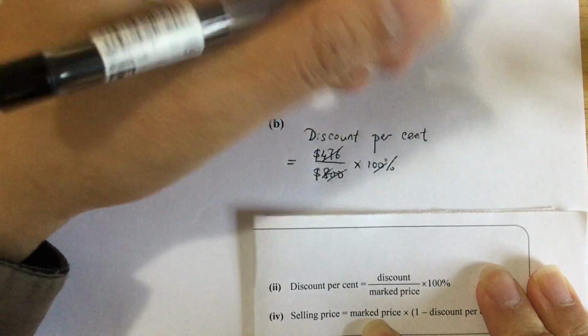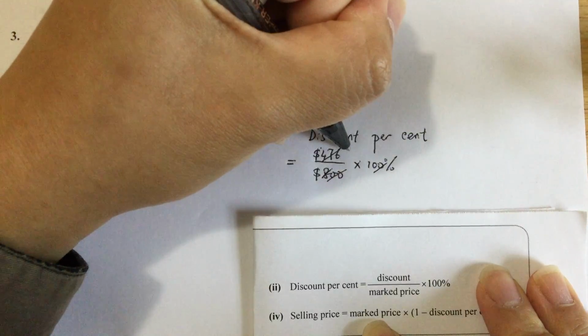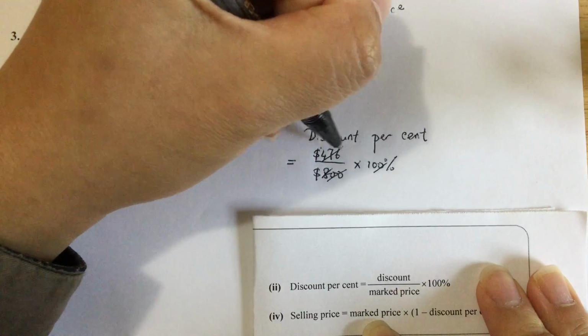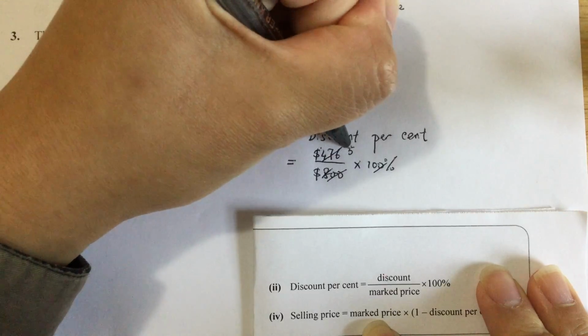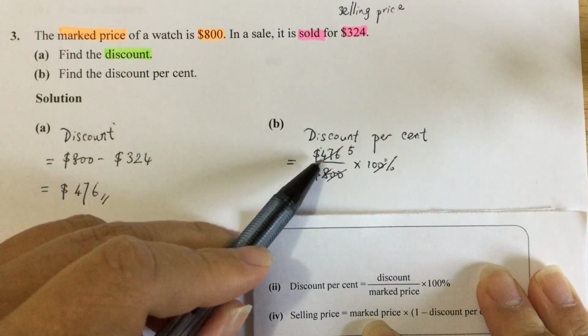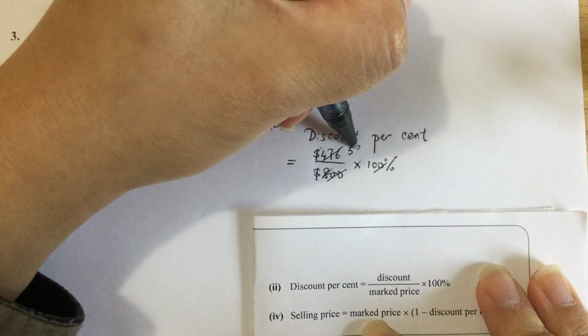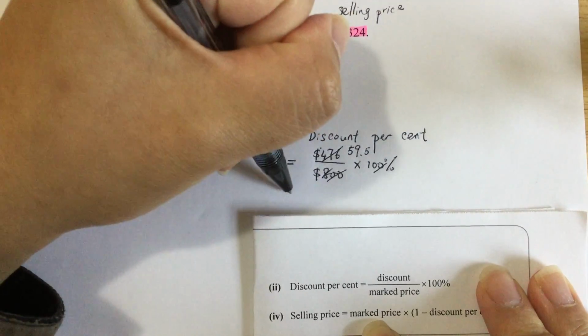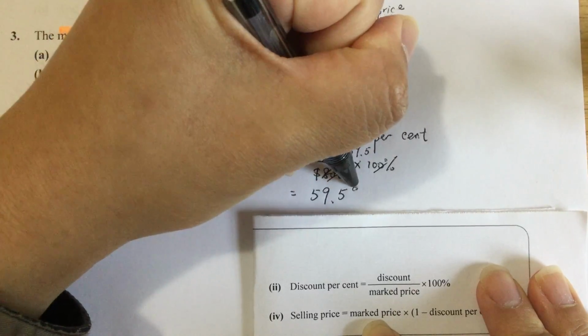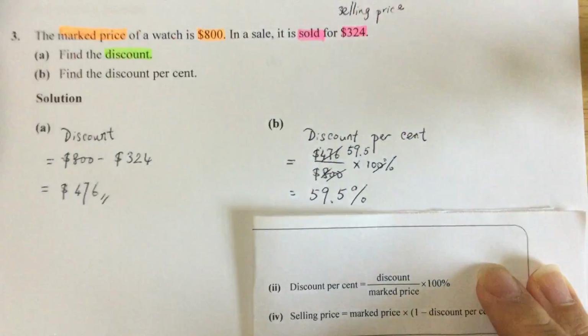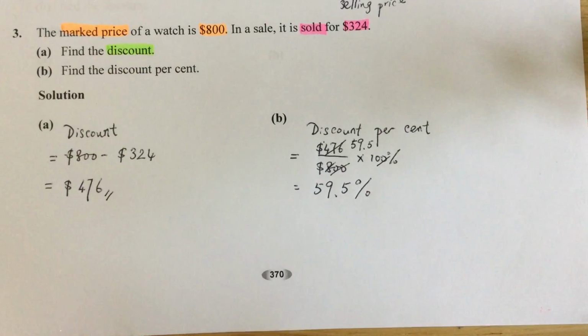So the discount percent is 59.5% for part B.